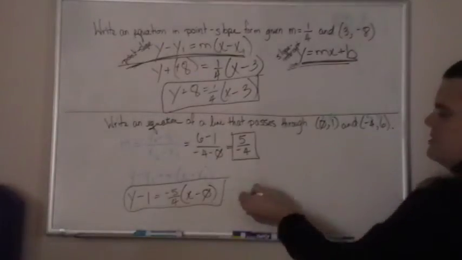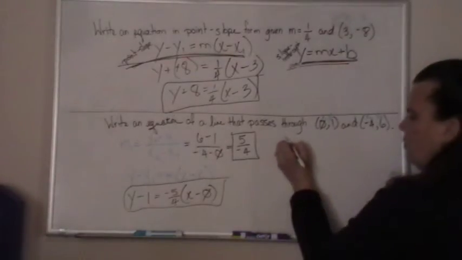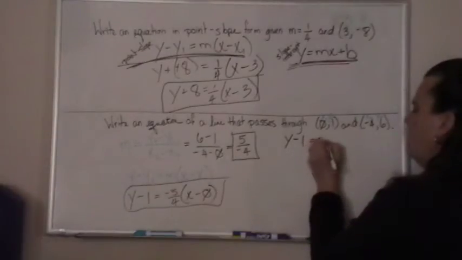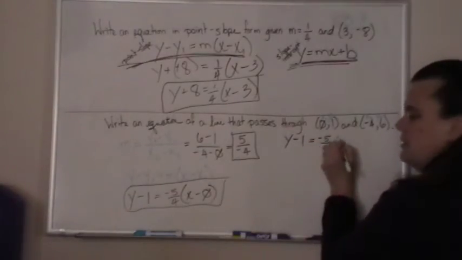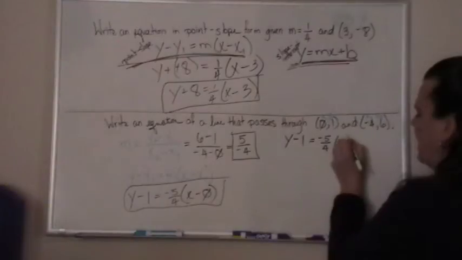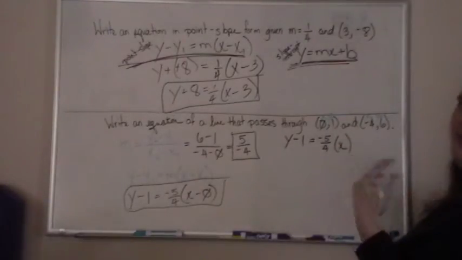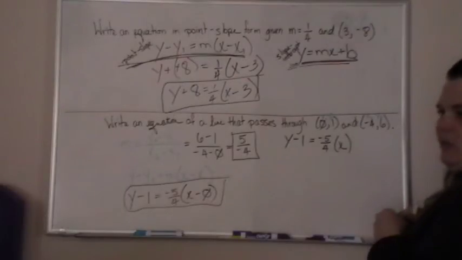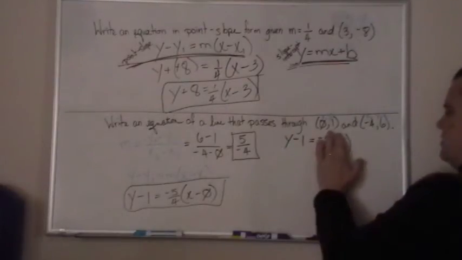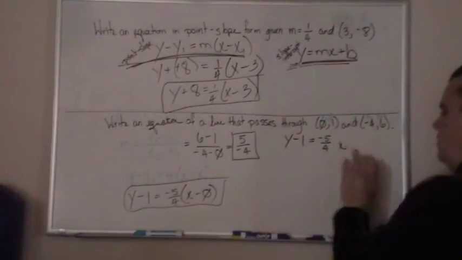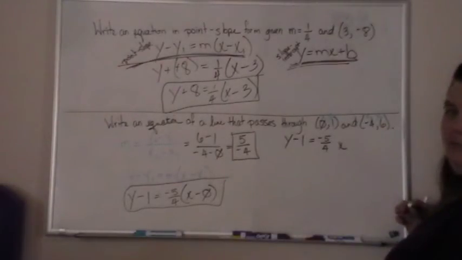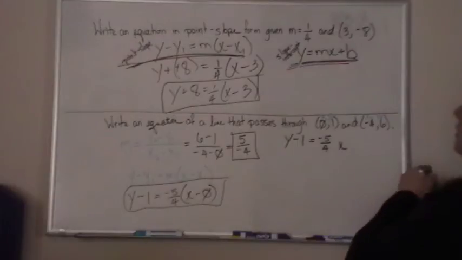So I'm going to just bring this up over here so I have some room to work. That's what happens when you have a tiny board. So I have a -5/4, and I'm just going to put times x. I don't really need to put the -0 because x minus 0 is x. My goal here, and actually I don't even need these parentheses, so let's get rid of those. It'll just make it easier. Now my goal here is to get y by itself, because I want the formula right here.